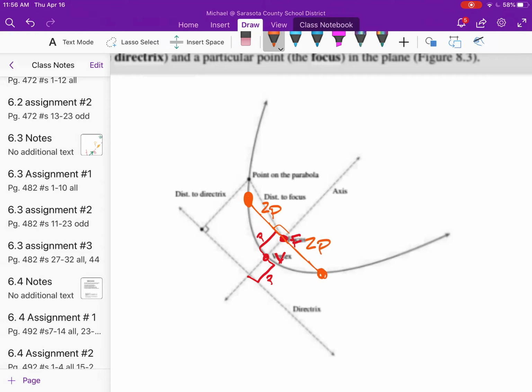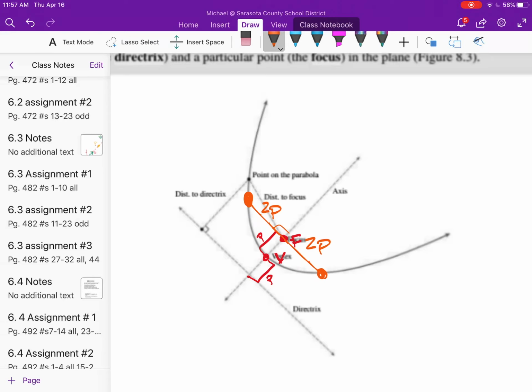And so the entire distance from point to point would be 4p all the way across. But that only works if it goes through the focus, all right? Only if it goes through the focus.